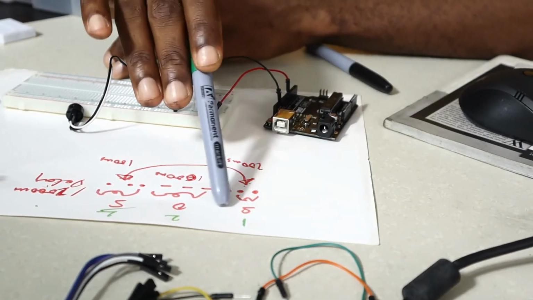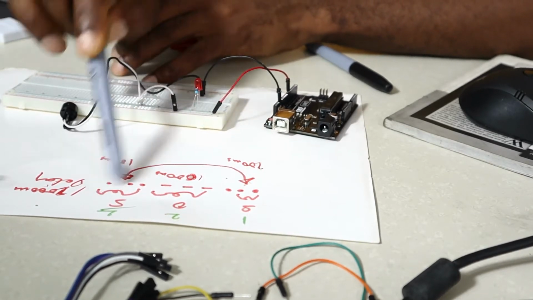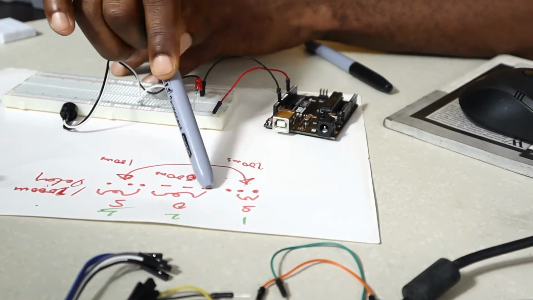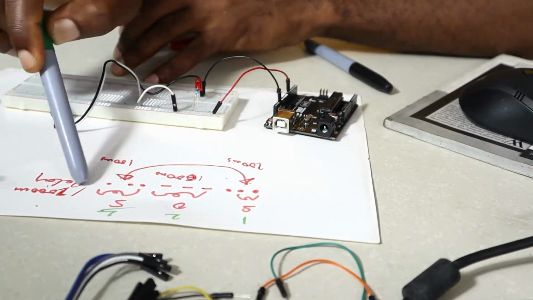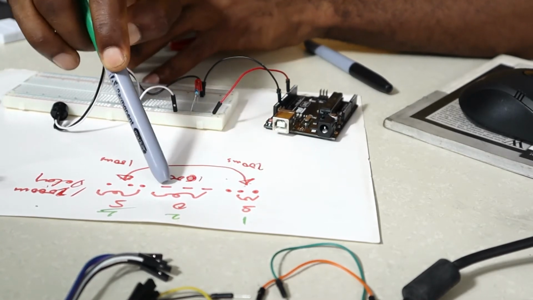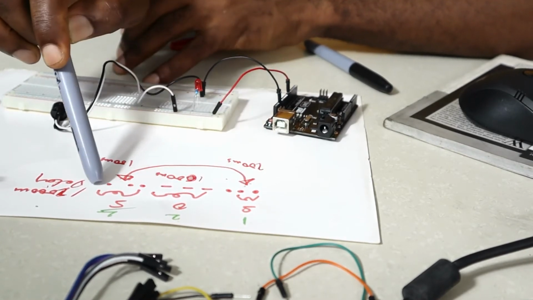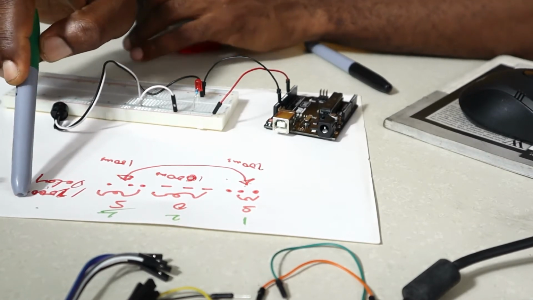So you have the first S, O, S: dit dit dit, dah dah dah, dit dit dit. You return back again, dit dit dit, dah dah dah, dit dit dit, after a long delay.